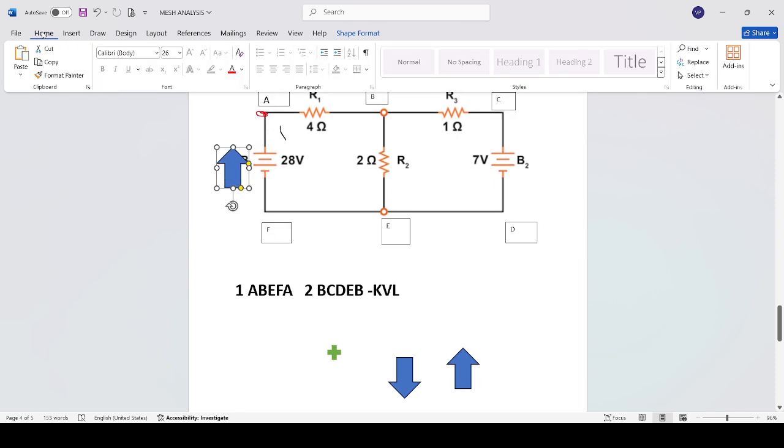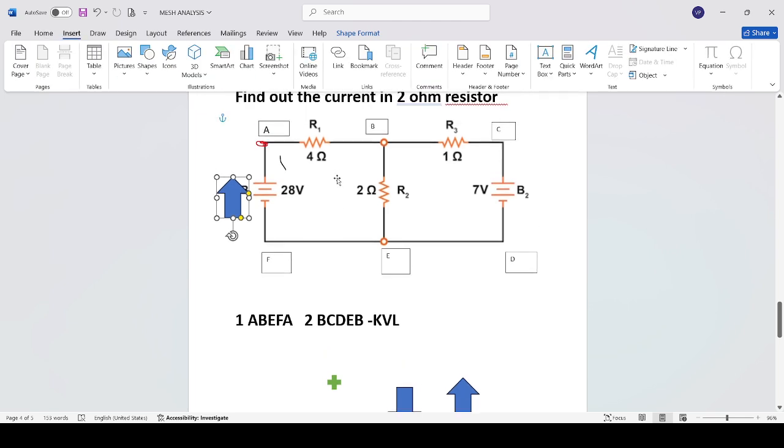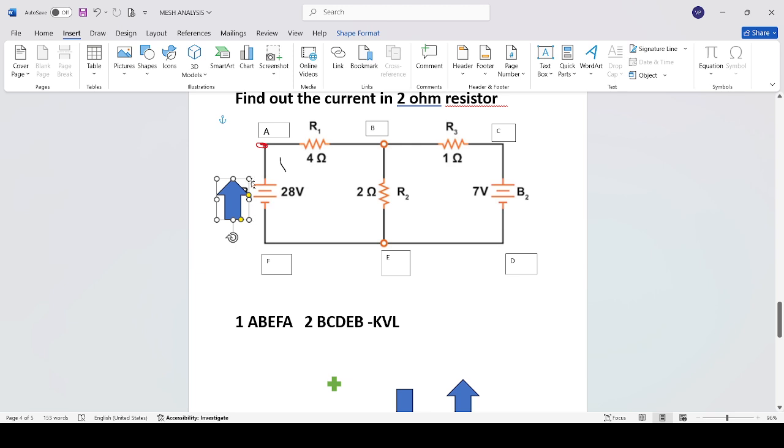From the battery we are starting. From the battery the current is flowing. I am taking the loop ABF. From here it is starting and then the current is flowing towards the circuit. So the current is coming here.